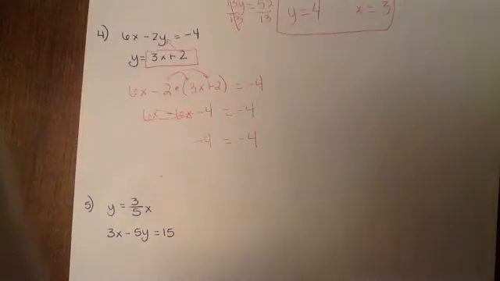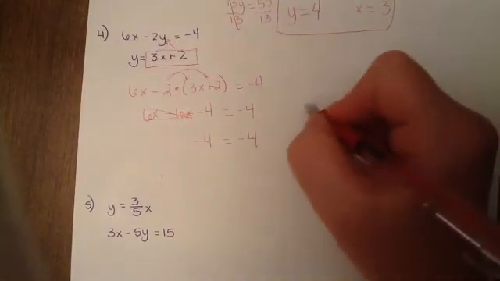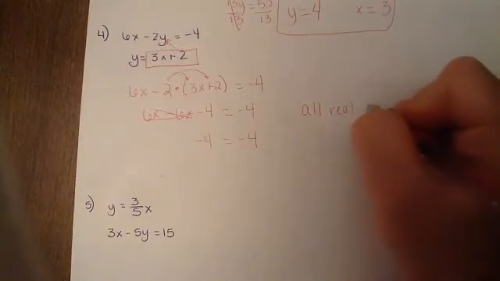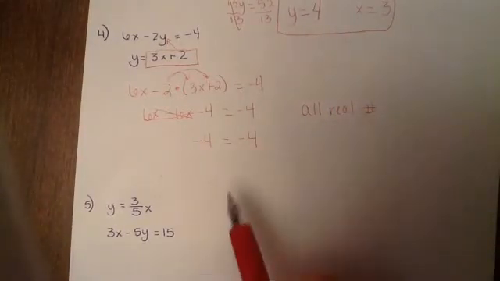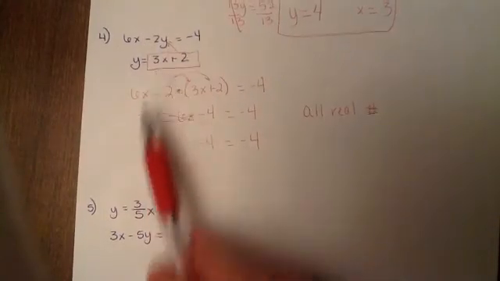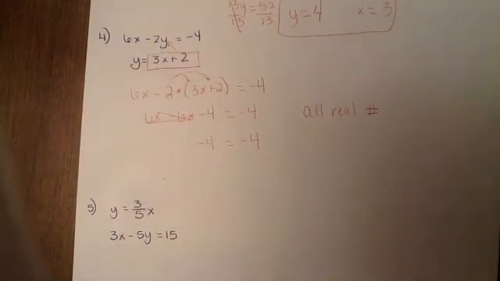Is this true? Yes. If you get something that is true, our answer is all real numbers. Anything you put in here will work. Anything you pick for x and y will work for both of those. Nice job.